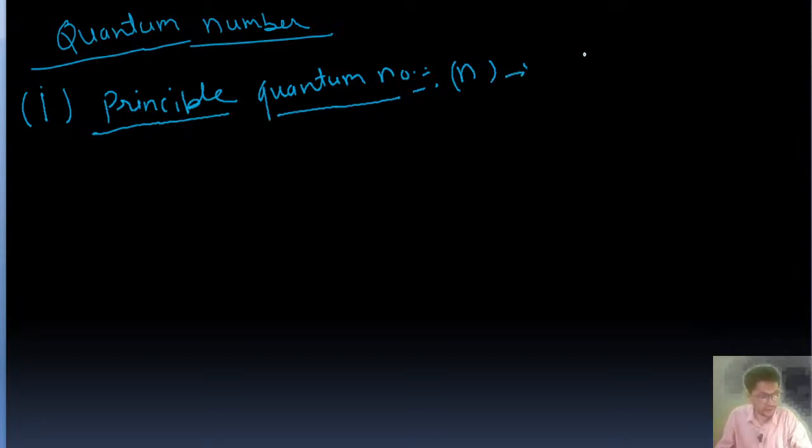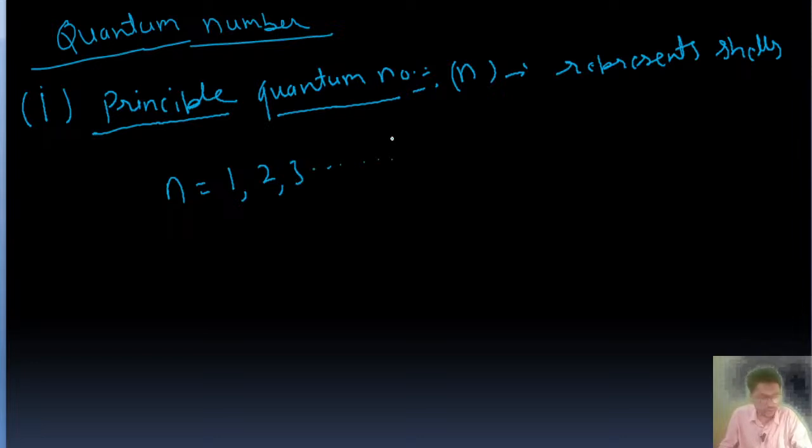So n equal to 1, 2, 3, and so on. n equal to 1 means the K shell, n equal to 2 means the L shell, n equal to 3 means M, then 4 means N. These are the shells.